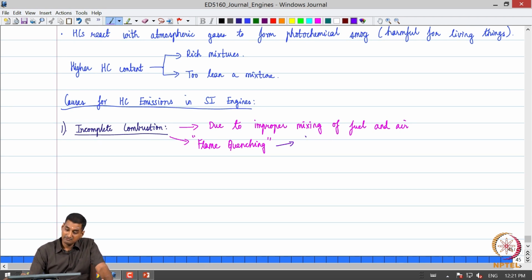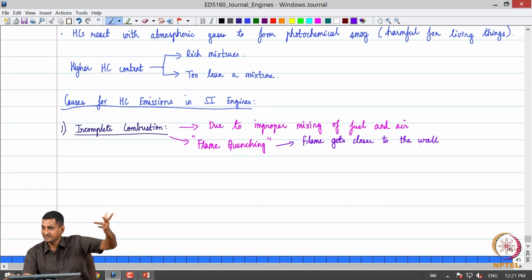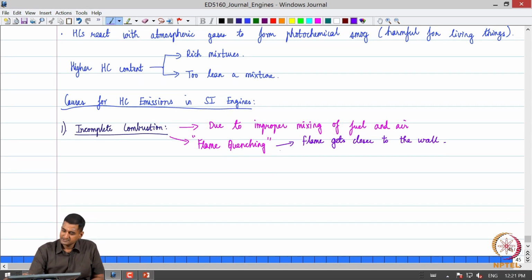So why does flame quenching happen? When the flame gets closer to the wall, it can get quenched. When the flame front hits a wall, it can get quenched. So that is one reason. Flames also get quenched during expansion of burnt gases that result in reduced temperature and pressure.